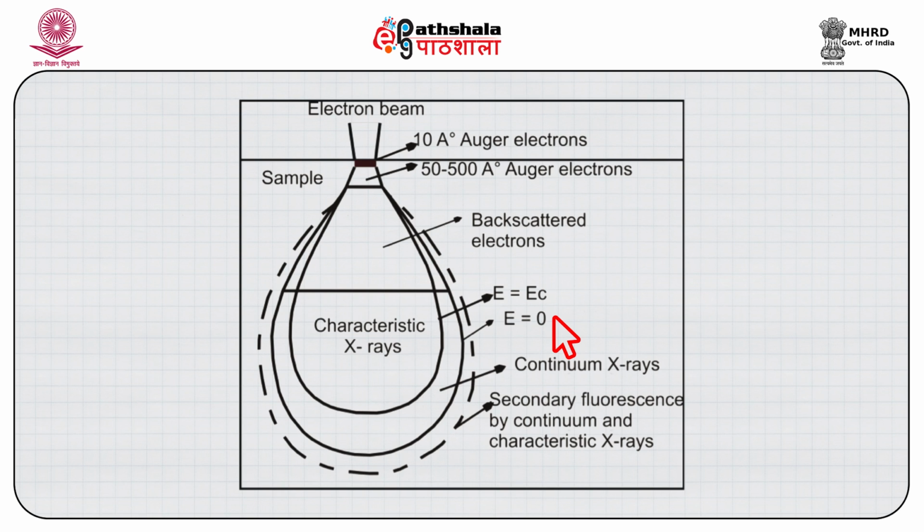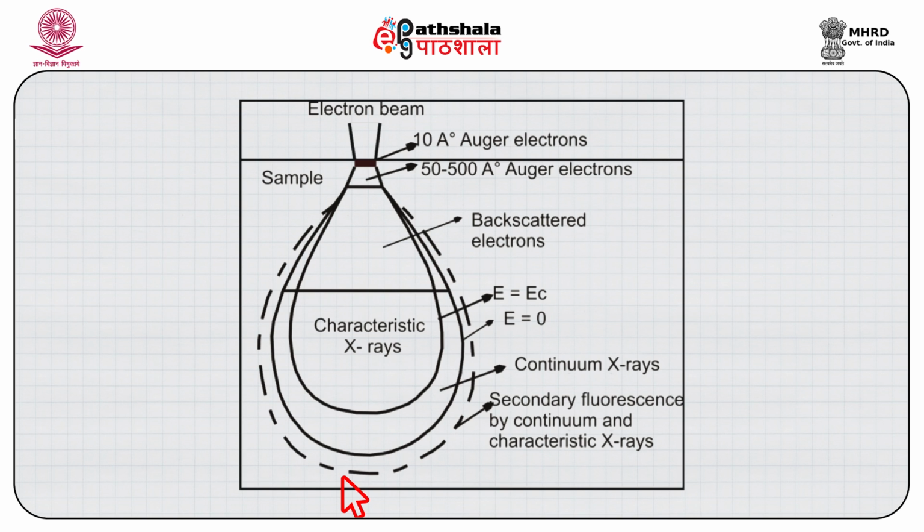The continuum X-rays are produced all through. They start from the upper part and where the incident electron energy has lost all its energy and is converted to the X-rays up to the bottom.